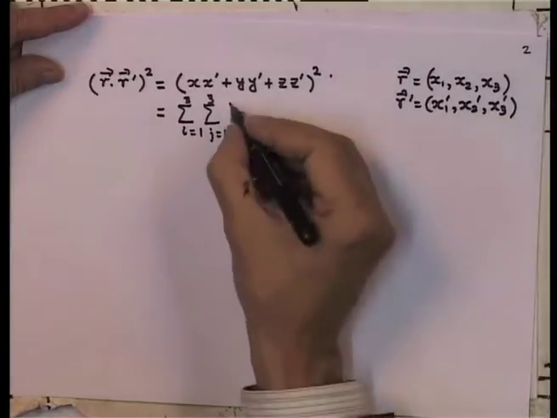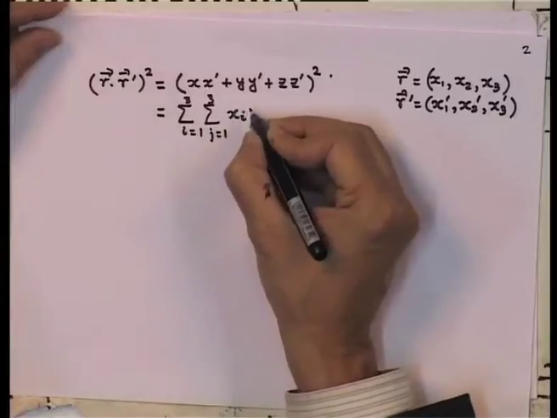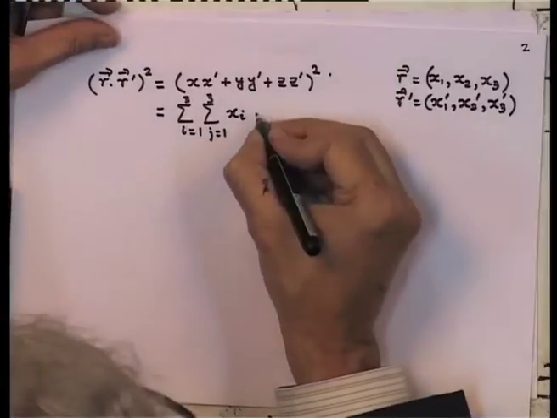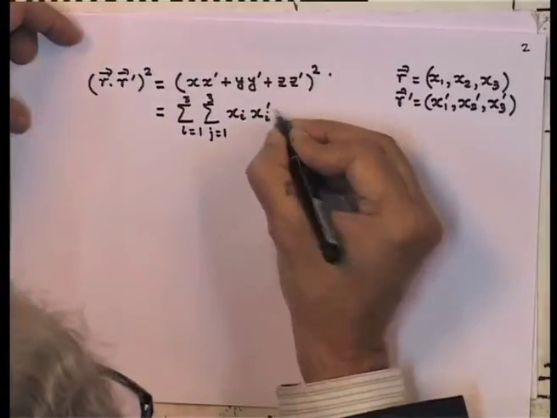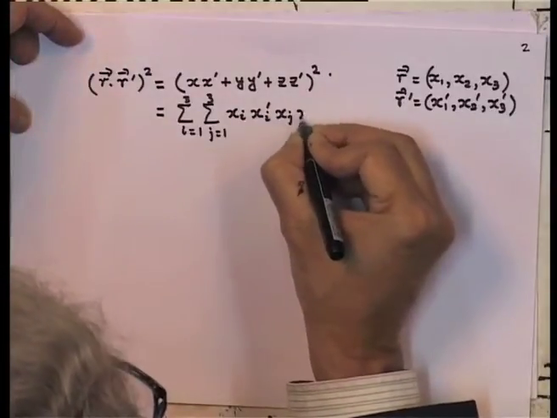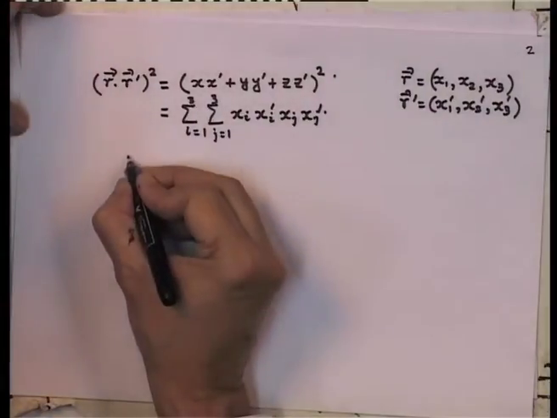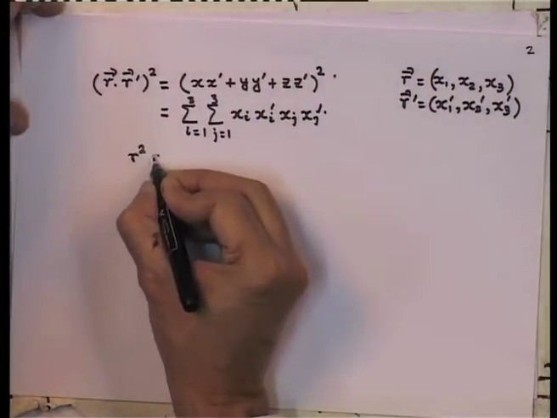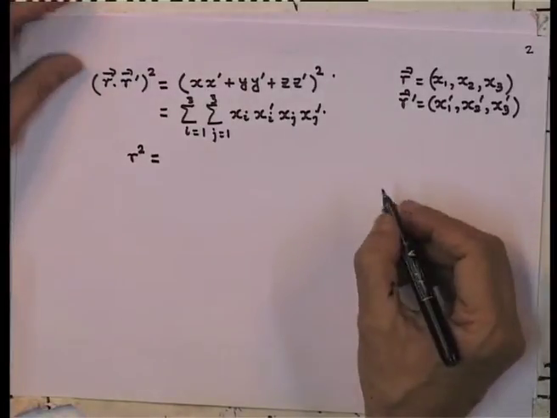So, if I do that, I find that this is written as x i, x j, x i prime and x j prime. And if you want to find out what r square is, that is of course very simple because it is x square plus y square plus z square.